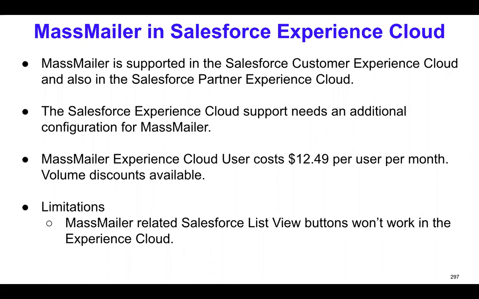Based on what type of license, certain functionality in MassMailer may or may not be available. End of the day, we still have the 4 types of licenses that are available, as you all know: the admin user, the full access user, the read-only access user, and the editor user. But we added the community user as well.